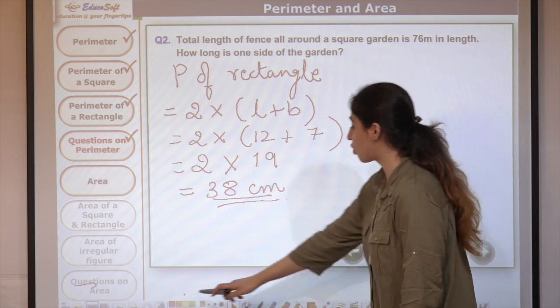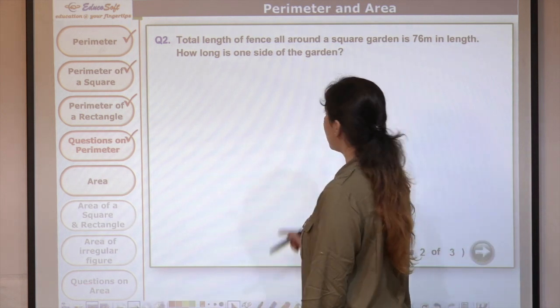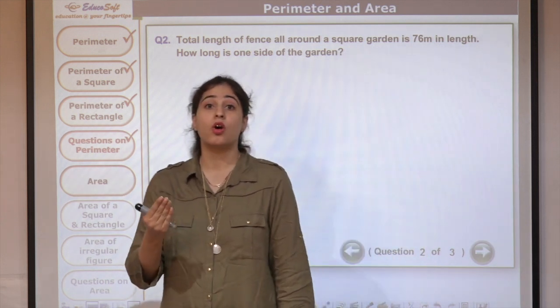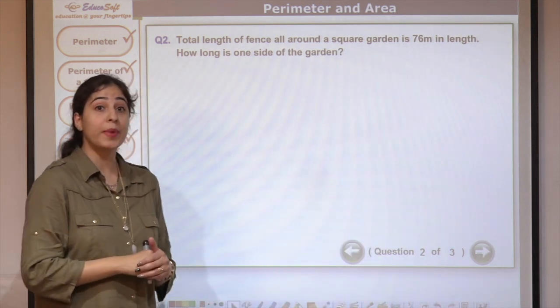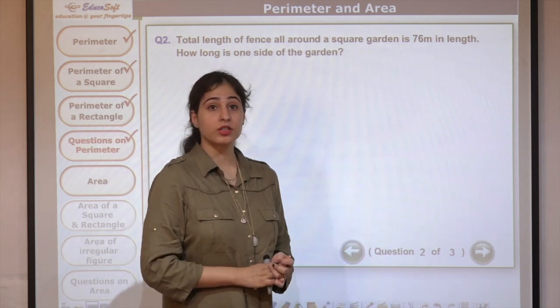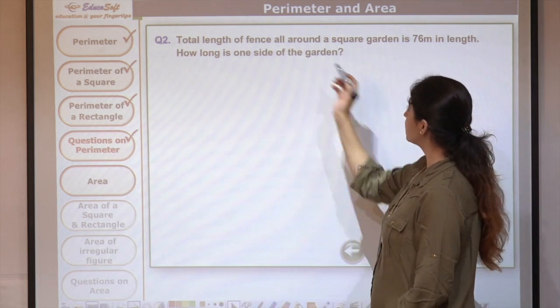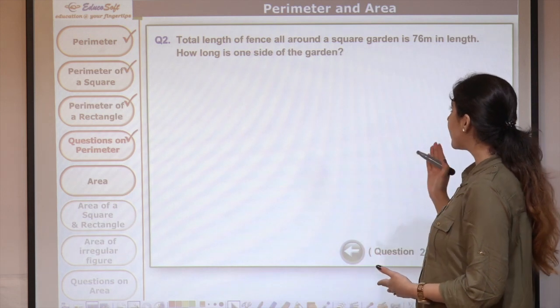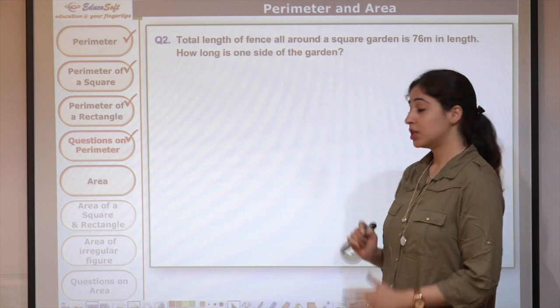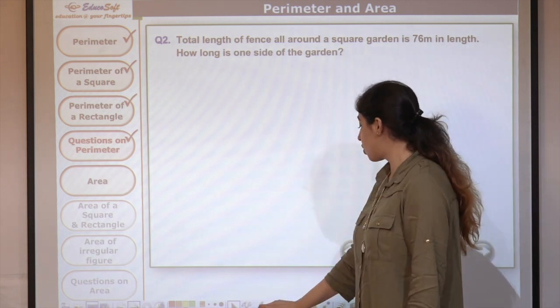This is a word problem, and here we are not given any figure, it is only the statement of the problem. So, to make it simpler, we will draw a figure. Total length of fence all around a square garden is 76 meters. So, we are given a square garden.